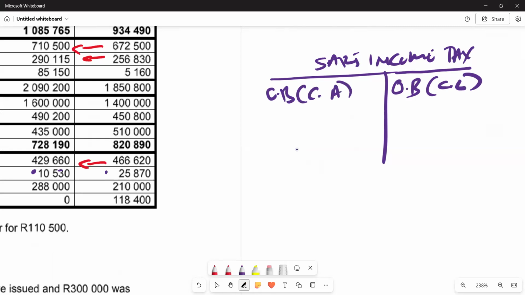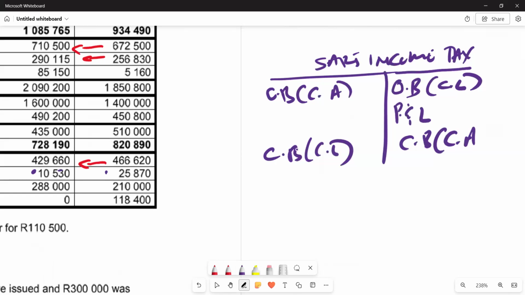Then the closing balance of a current liability will come on the debit side, and the closing balance of a current asset will come on the credit side. Then the amount going to the income statement, the profit and loss, for the tax for the period will come here on the credit side. Then the amount that we need in the cash flow statement is the one that will be paid here. This is the amount that we'll be looking for.